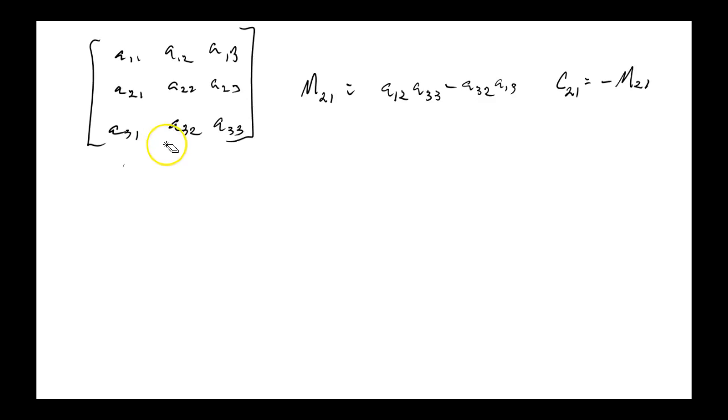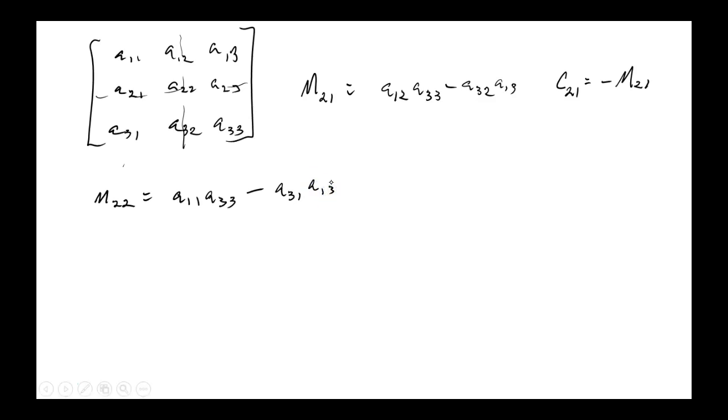Now the next one we were going to do is the minor and cofactor of A22. Well, A22 sits right there in the middle, so we eliminate the second row and second column. And the minor of the 22 entry would be A11 A33, minus the up diagonal, A31 A13.